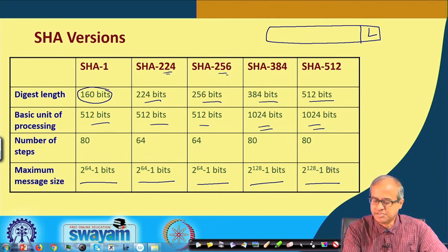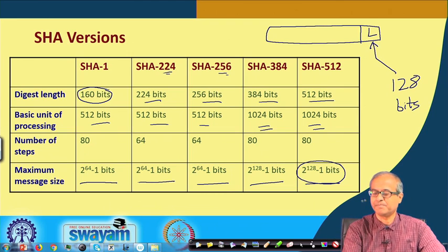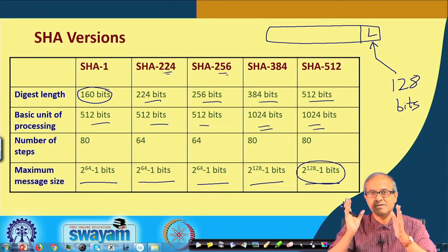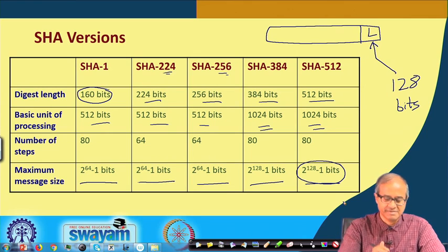Now, 2 to the power 128 minus 1 means this message length will be 128 bits. So, the number of bits reserved for this L is fixed, and that determines the maximum size of the message.